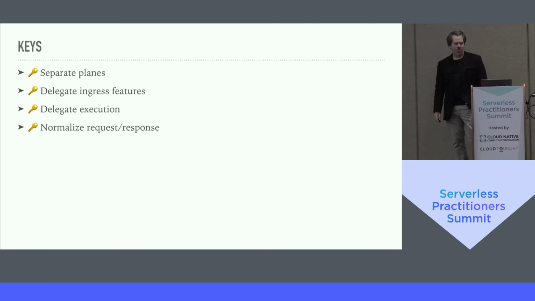And we also want to normalize the process so that what a developer sees from the outside looks the same no matter what execution environment they're using. This is different than saying, just tell people to use Lambda or Knative, because it looks different when you're using those independently. So we need a way to normalize that usage.